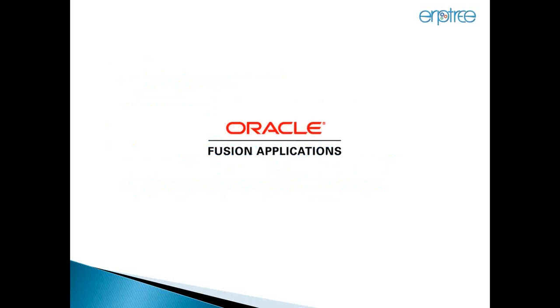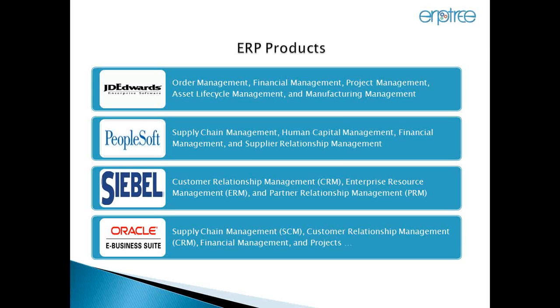Okay, the first point here is what the Fusion applications are all about. As we know, we have many ERP products in the market. Here I have taken a few examples: JD Edwards, PeopleSoft, Siebel, and Oracle E-Business Suite. JD Edwards offers many solutions such as order management, financial management, project management, asset lifecycle management, and manufacturing management.